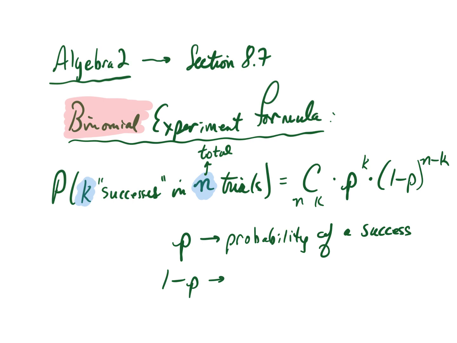Remember complement from earlier in the chapter; the complement 1 minus p would then be the probability of a failure. All right, so we have capital C, which stands for combinations, which we've already talked about, times the probability of success times the complement 1 minus p. When you put all of these together, we get what's called the binomial experiment formula.